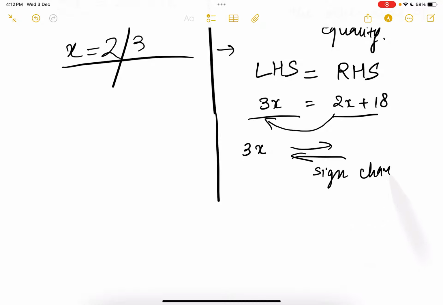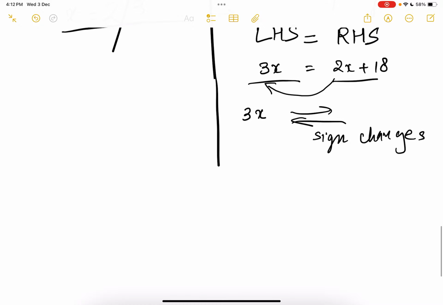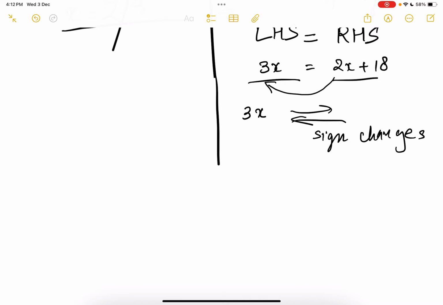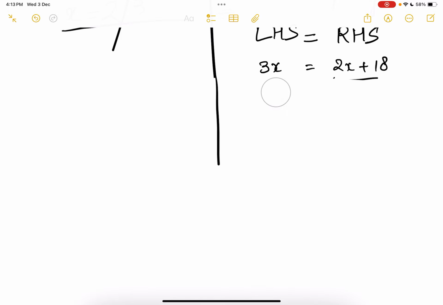That is a very basic thing. Right now we are not dealing with multiplication and division, only addition. If it was x by 2 and x by 3, then division changes to multiplication and multiplication changes to division. But right now only the sign we will talk about.